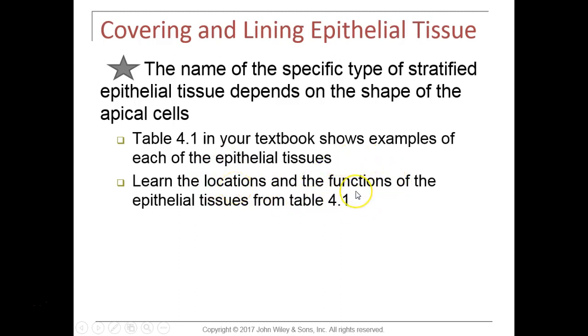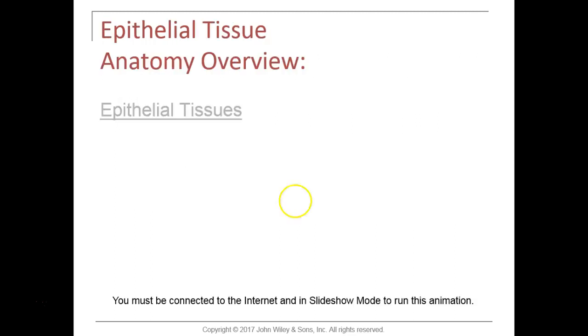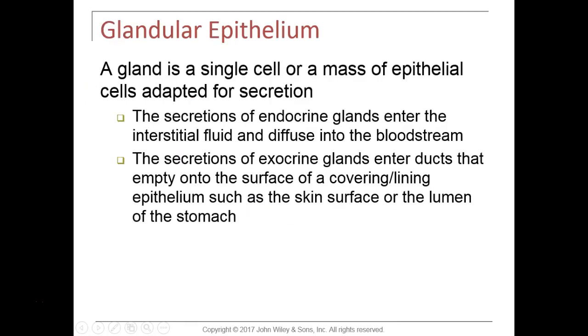Which of the following tissues has a particular function? Now, we are not identifying the tissues on the lecture unit test. Okay, so that's for lab. So table 4.1. There's also a little animation on the overview of the epithelial tissues that you can review as you are studying.